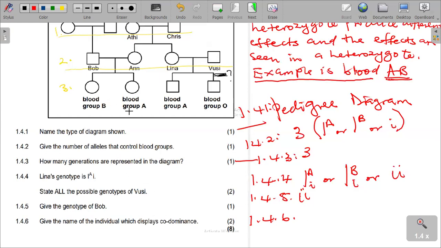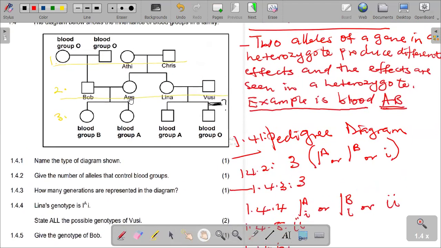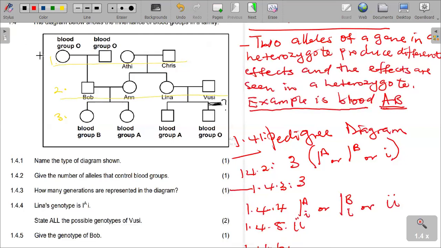If you look at our pedigree diagram here, the person who can be blood type AB can be N.